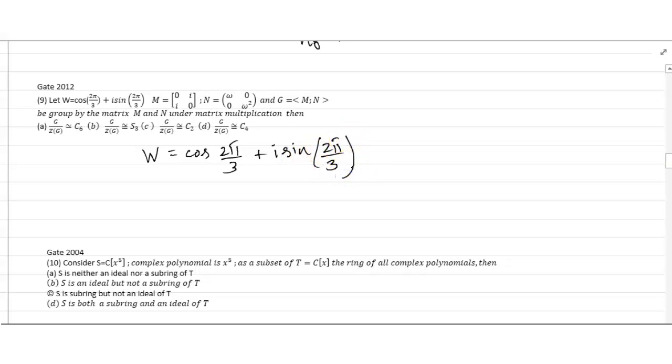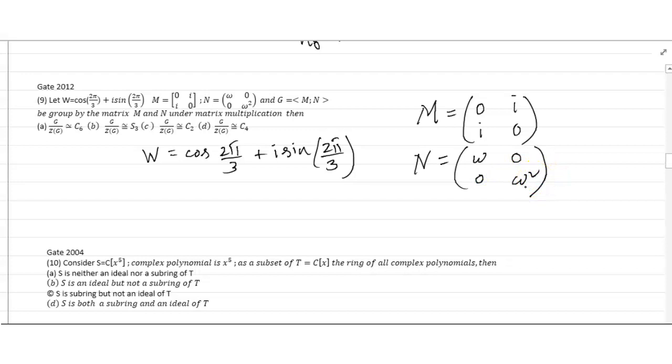M equals the matrix 0 i, i 0, and N equals the matrix omega 0, 0 omega square.